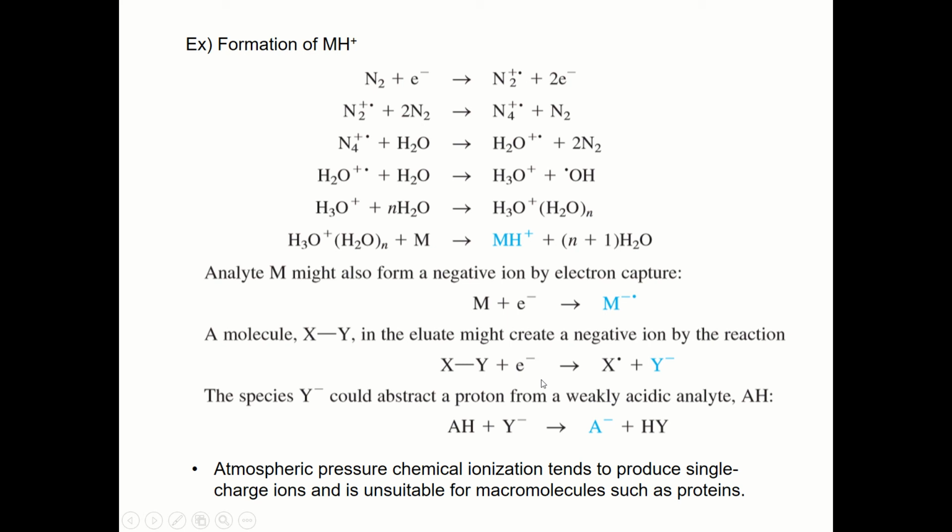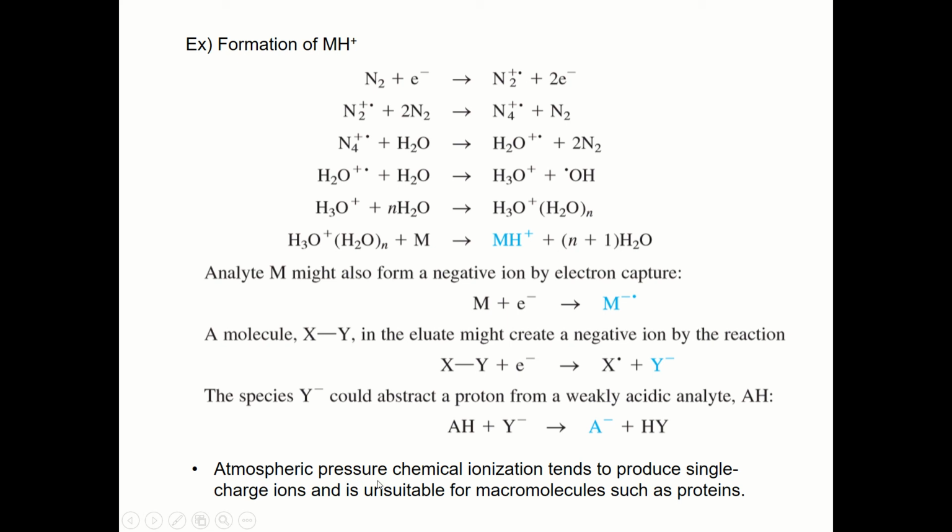This one collides with the electrons, and then this bond is broken, and it creates a negative ion part, Y minus. The species Y minus could abstract a proton from weakly acidic analytes AH. This anion may collide with AH and abstract the proton, creating this A minus anion.